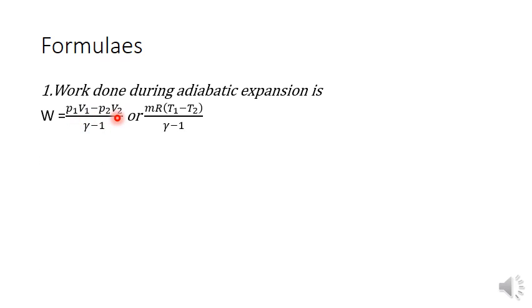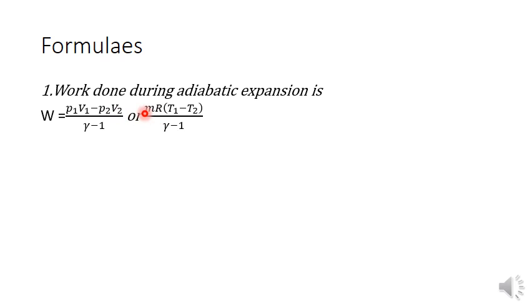The work done during the adiabatic expansion is W equal to (P1 V1 minus P2 V2) divided by (gamma minus 1), where gamma is the adiabatic index. Or we can write this equation as MR (T1 minus T2) divided by (gamma minus 1), because from the ideal gas equation PV is equal to MRT. Here P1 V1 is equal to MRT1, and similarly P2 V2 is equal to MRT2.